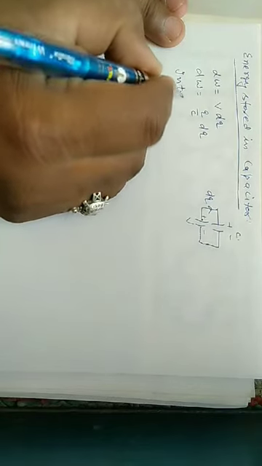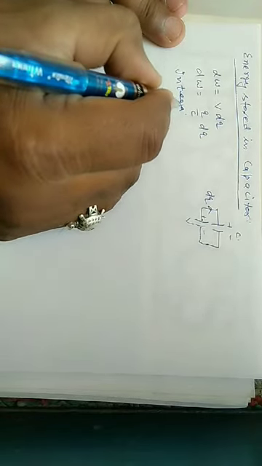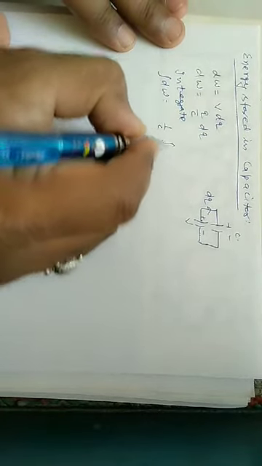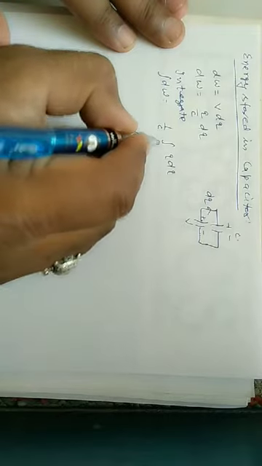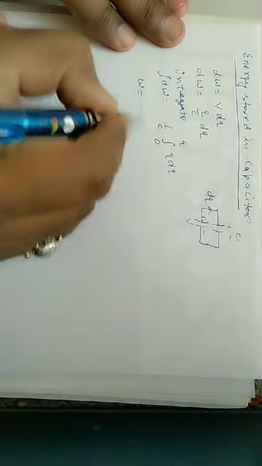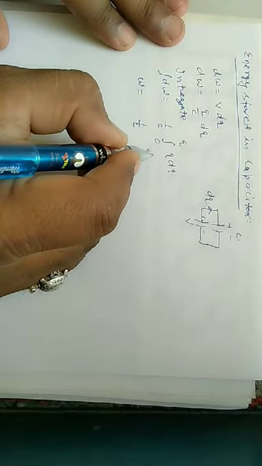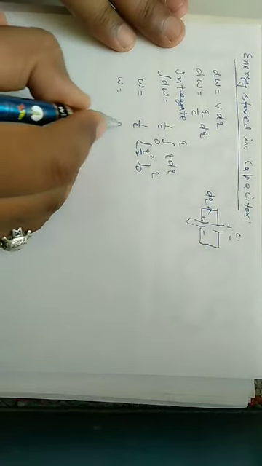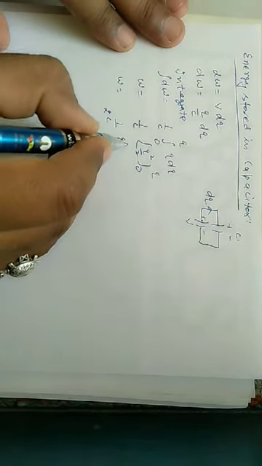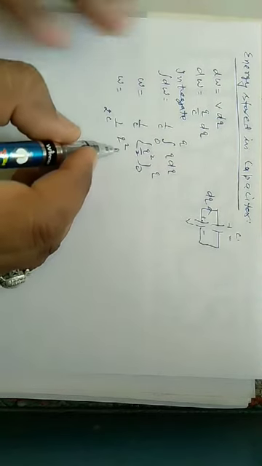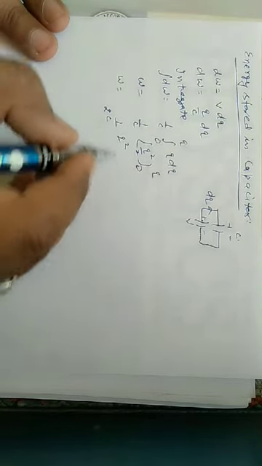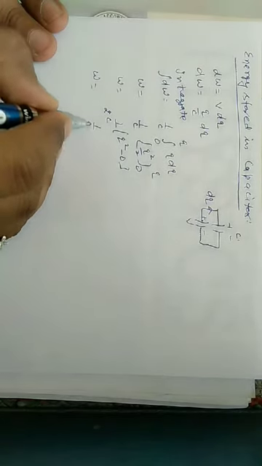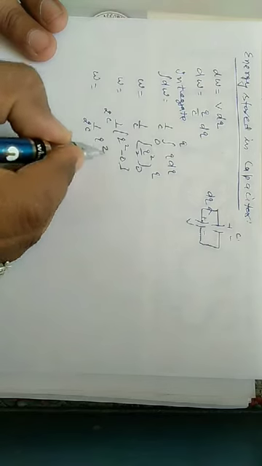Now integrate: dW equals 1 by C Q dq, from 0 to maximum charge Q. W equals 1 by C into Q square by 2, from 0 to Q. W equals 1 by 2C into Q square minus 0, so W equals 1 by 2C into Q square.